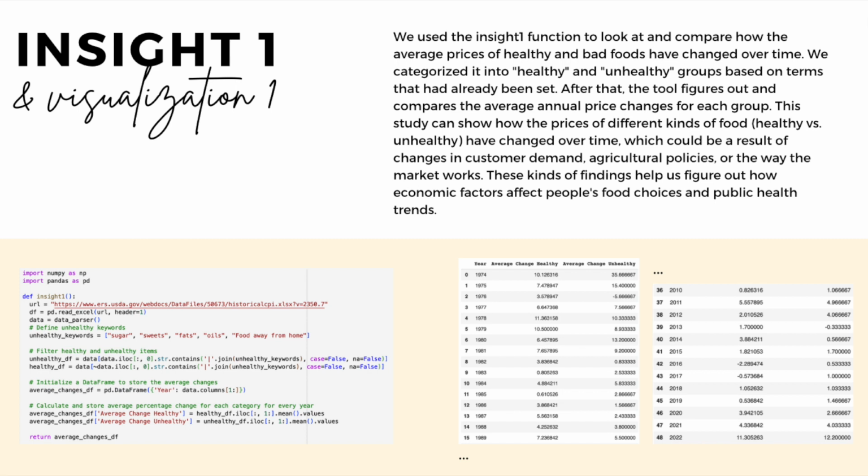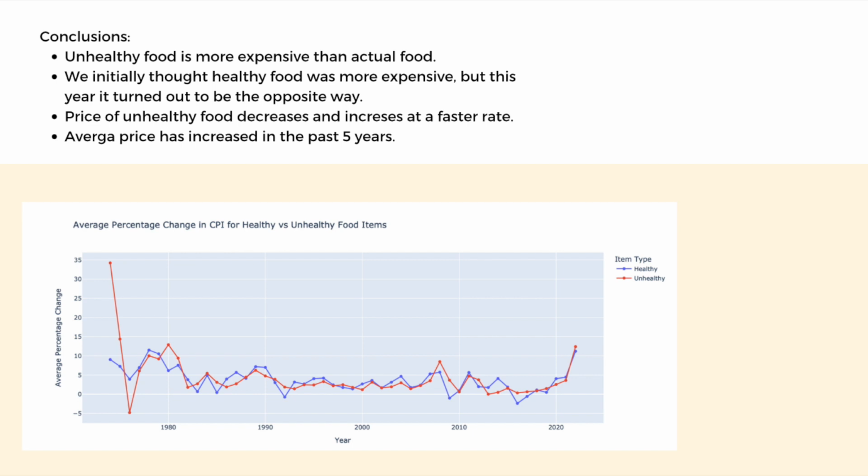From there, we took averages across the CPIs from year to year to determine the trends of food prices for healthy foods versus unhealthy foods. What we found doing this analysis is that unhealthy food is slightly more expensive than healthy food, despite the general idea that healthy food tends to be more expensive.